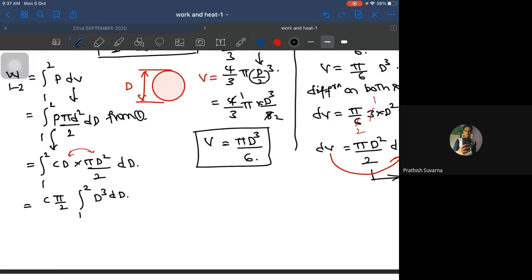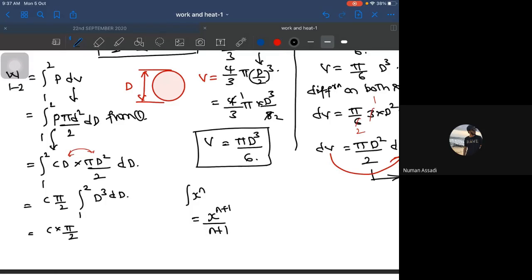Numan? Yes, Numan. So how do I integrate d cube? Integration of x to the power of n, I will give you the formula. It is x to the power of n plus 1 divided by n plus 1.